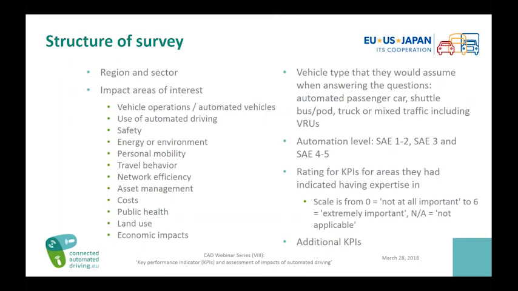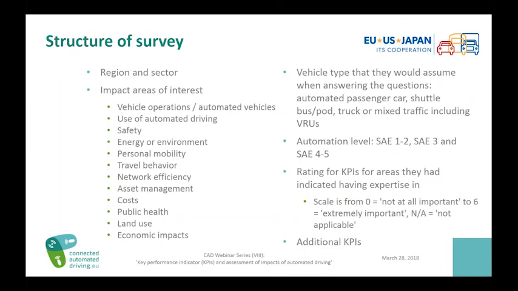Therefore, we decided to let the respondent choose what kind of vehicle type they would have in mind once they are answering or rating their KPIs. And also they could choose which kind of automation level they are looking at. Are they looking at levels 1 or 2? Is it 3, or is it 4 to 5? So they chose those in the beginning, and then they gave ratings to those areas that they had ticked that they have expertise in or interest in.